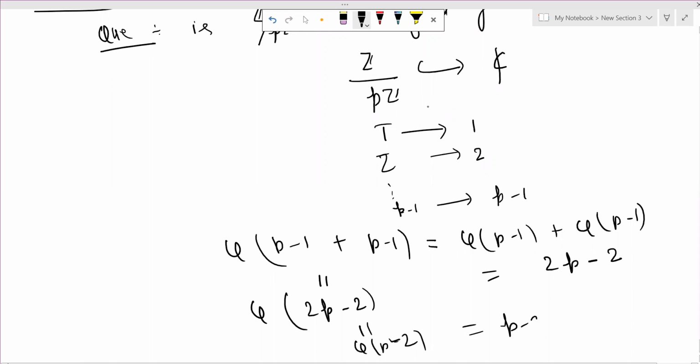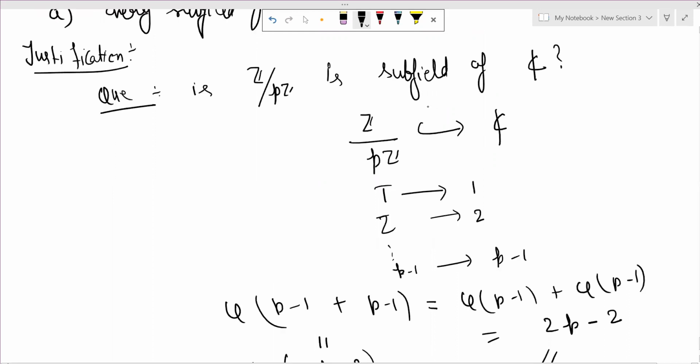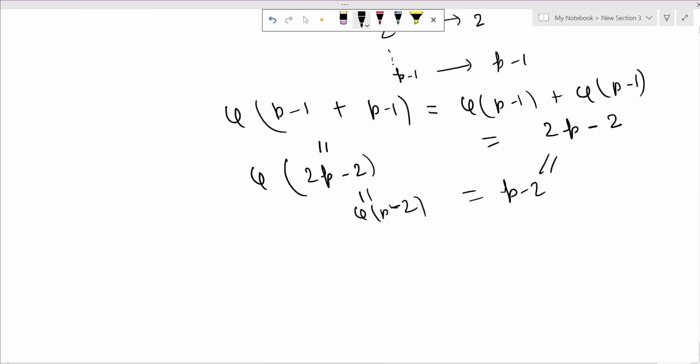Is 2p minus 2 the same as p minus 2 in C, for any prime p? Tell me yes or no at least. No, sir. So that's why there cannot be such an injection.